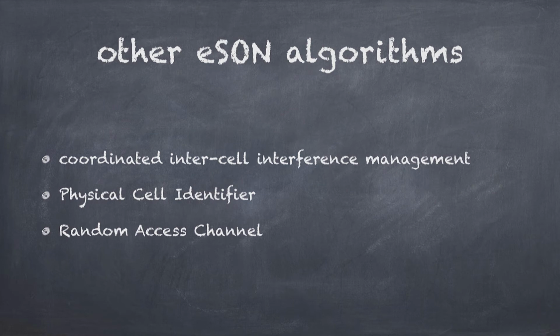And just to mention a few other algorithms that we implemented on this platform, one of the most challenging was a coordinated intercell interference management algorithm. This algorithm actually has a little bit more of a real-time flavor than the others.